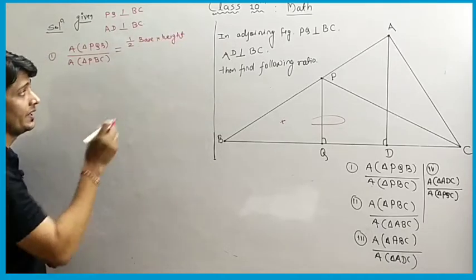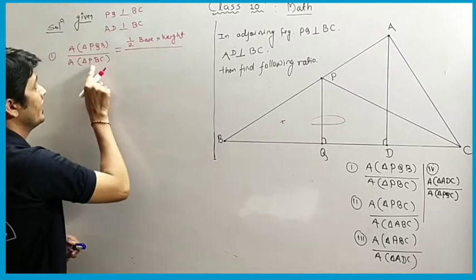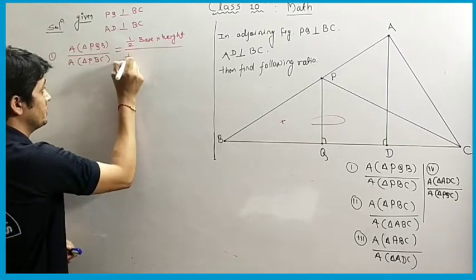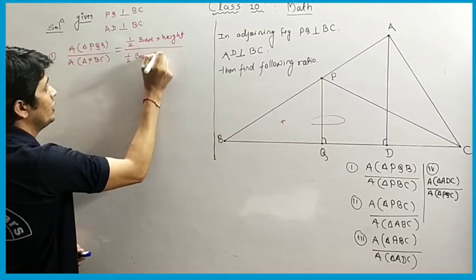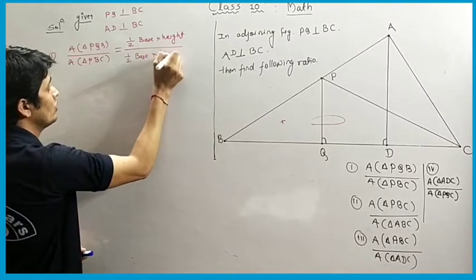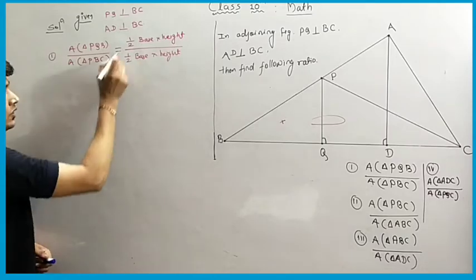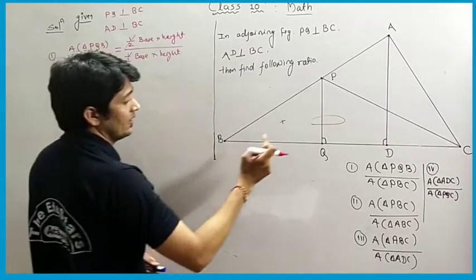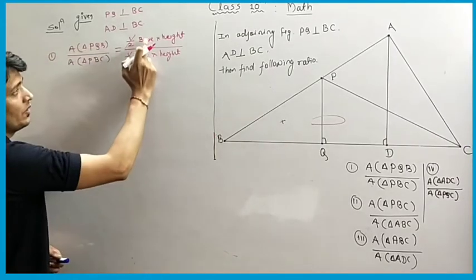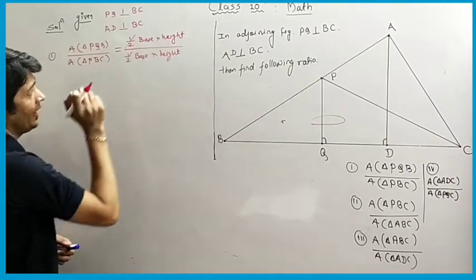Divided by the area of this triangle, again it is half into base into height. Okay, so half and half will get cancelled. Now we have to write the base and height also.